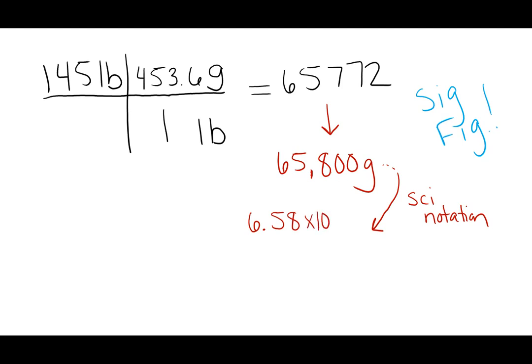So 1, 2, 3, 4 places. And of course, I'm going to put my unit of grams. So this is the absolute best way to report this number. Crystal clear that it is 3 significant digits. We use scientific notation to hold on to the magnitude of that number.